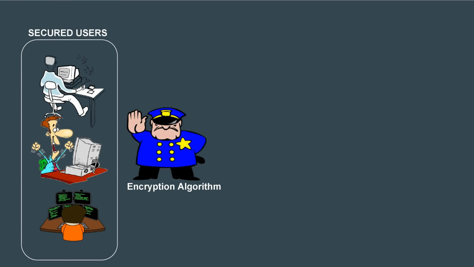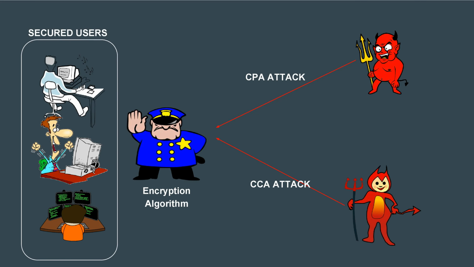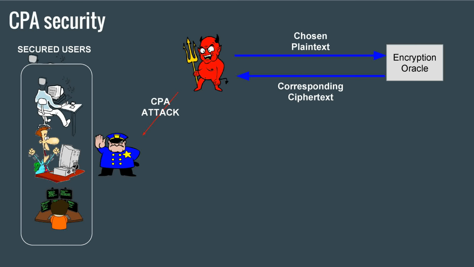A very desirable property of encryption schemes is that they remain secure against all kinds of adversaries. A well-secured encryption algorithm thus needs to be resistant to chosen plaintext, or CPA, attacks as well as chosen ciphertext, or CCA, attacks. In the chosen plaintext attack model, the adversary has the power to get encryptions of his chosen plaintext.